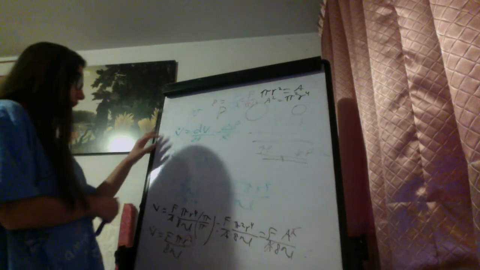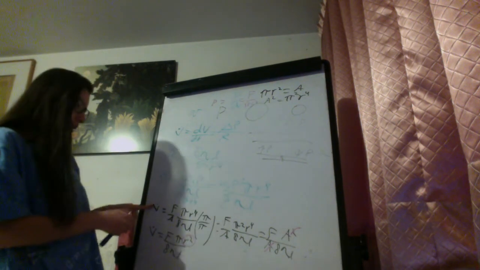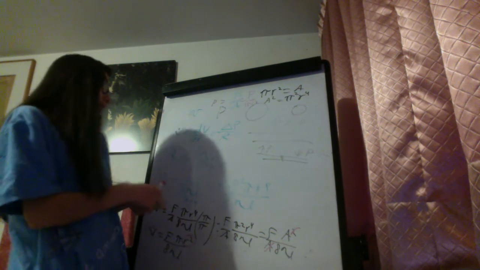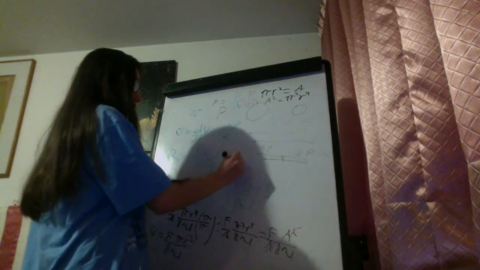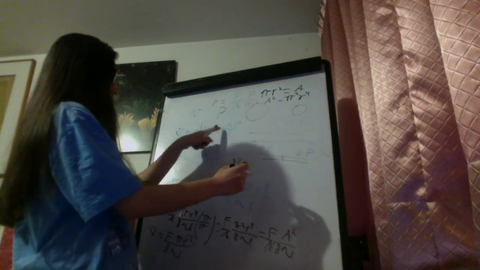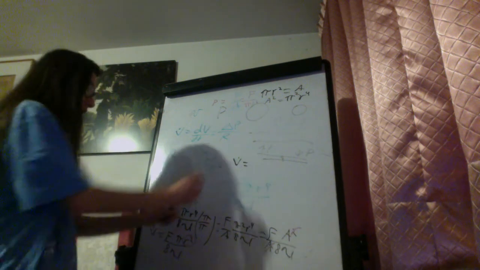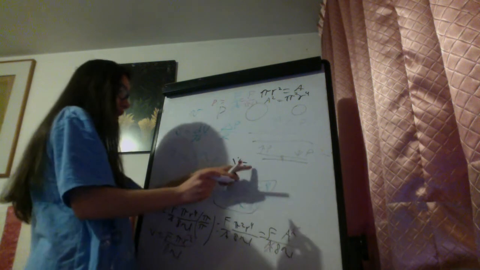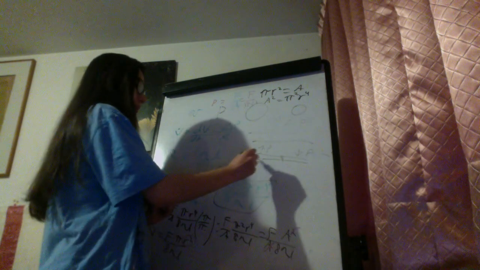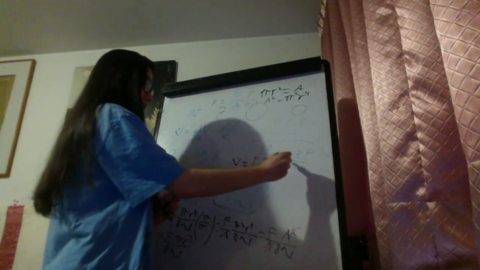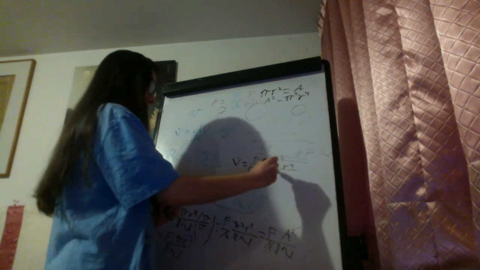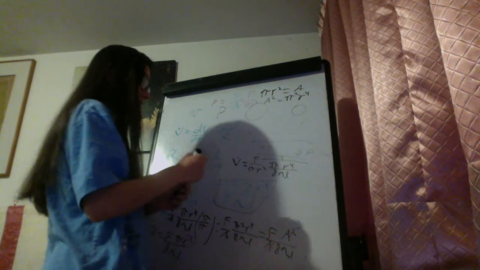So we have here that the flux is equal to, and here we can use this one, force divided by pi r squared times pi r to the fourth power divided by 8 viscosity length.